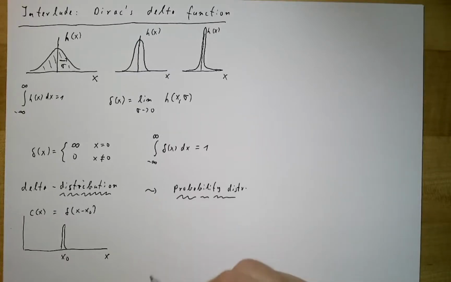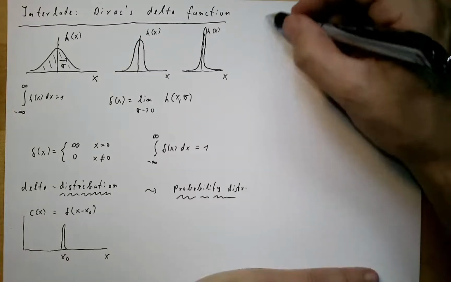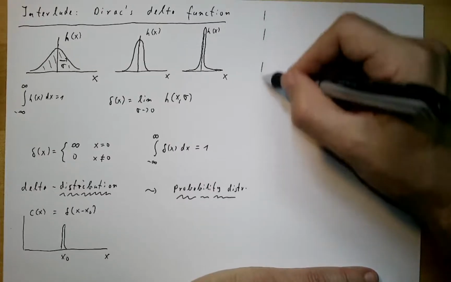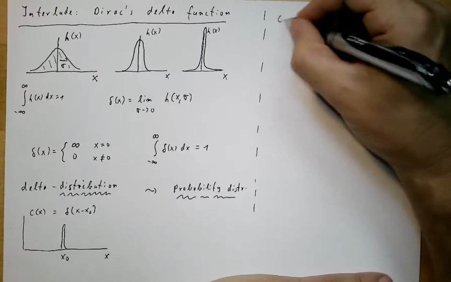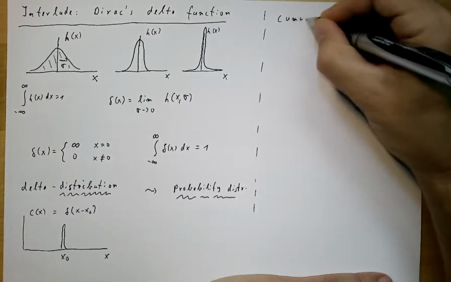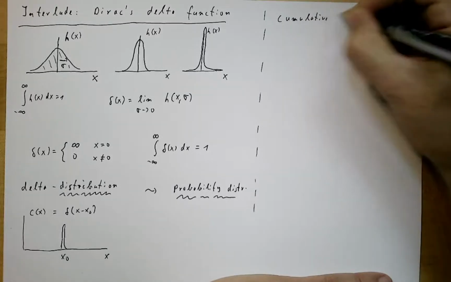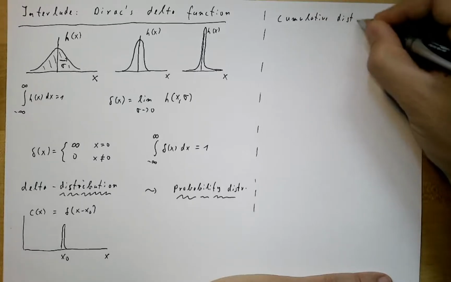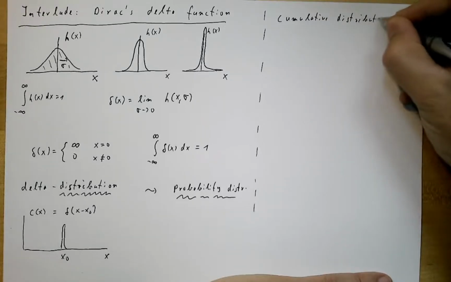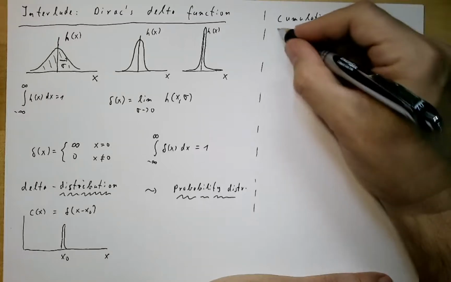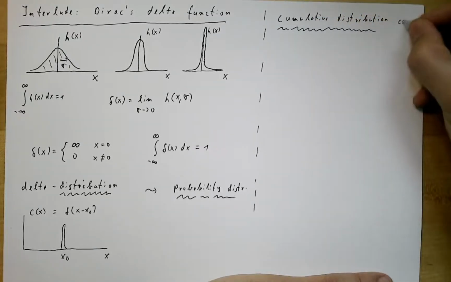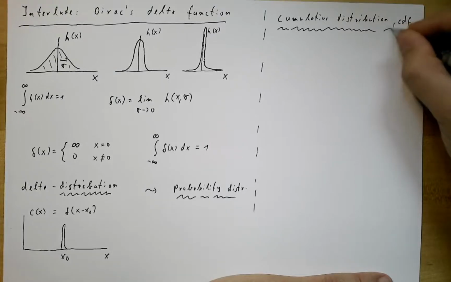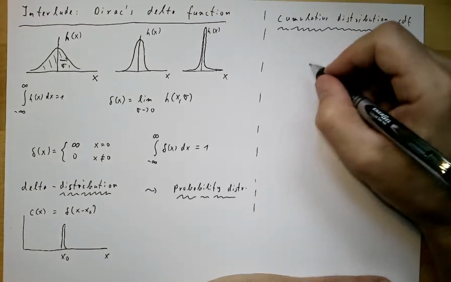So what would be the cumulative distribution, the CDF, of the delta function?